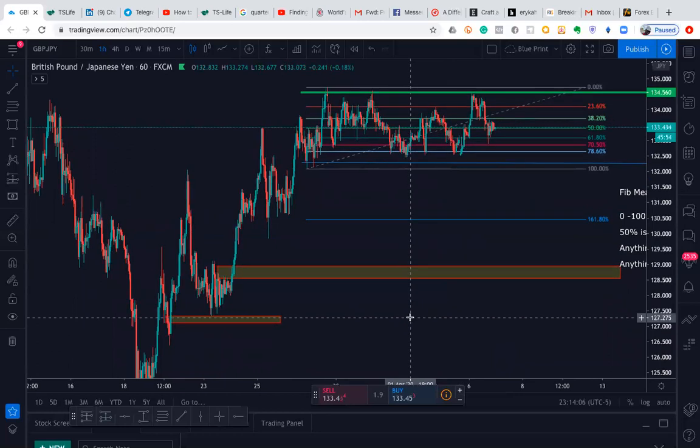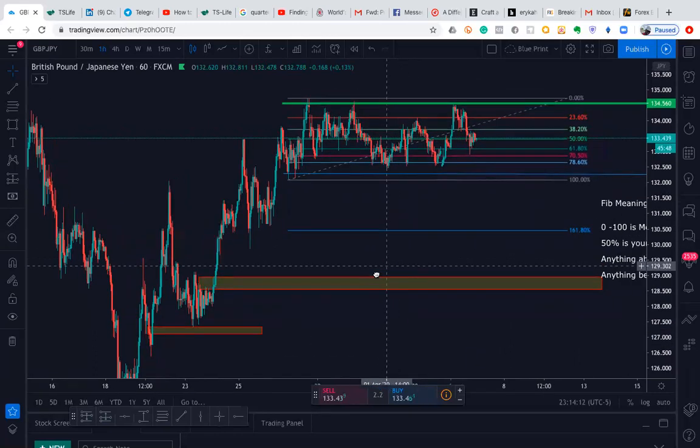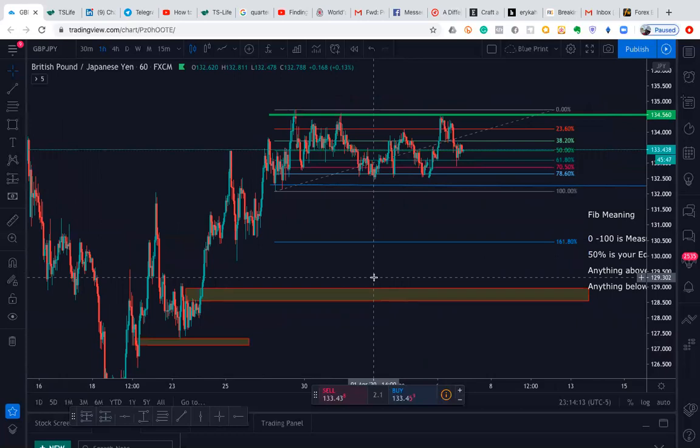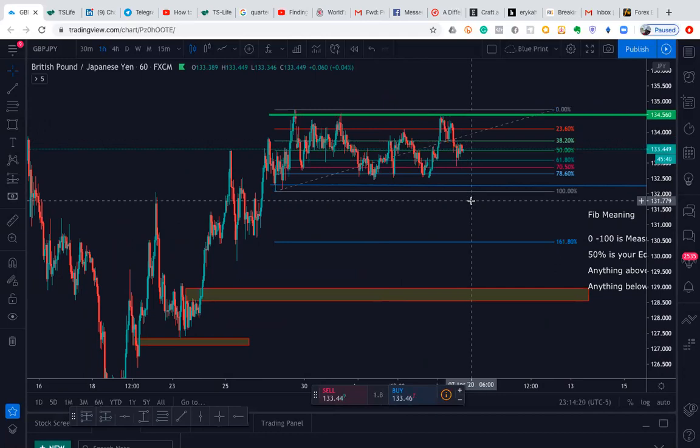Ultimately I will tell you that this method is going to be a little bit slower probably than what we're used to. But when we catch that right trade, it pays dividends.